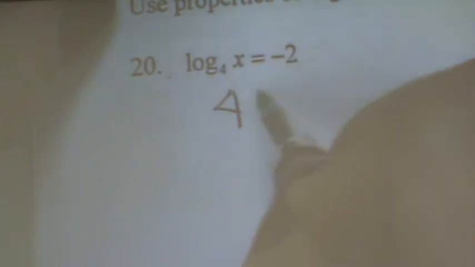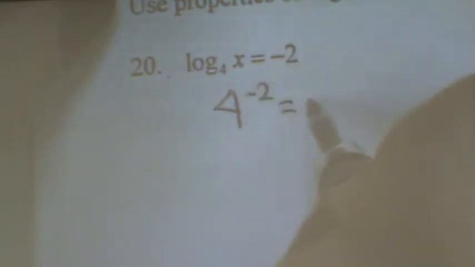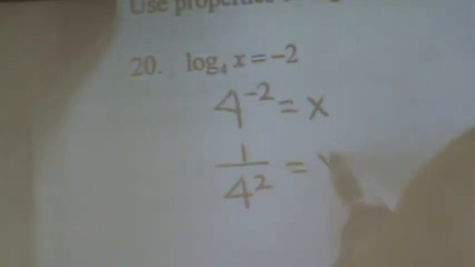Now, you guys did great on these equations. How do you solve any log or exponential? Most of the time, if you can't get bases to be the same, or if you don't have the one-to-one thing, you rewrite them. How do you rewrite this? 4 to the, what is 4 to the -2? 1 over 16.